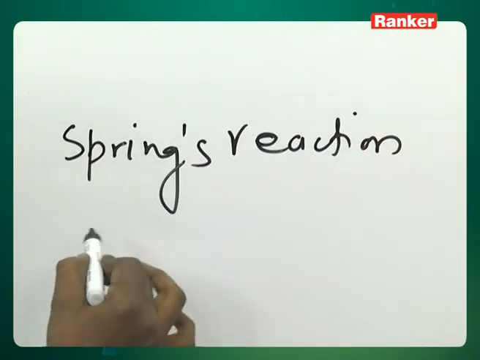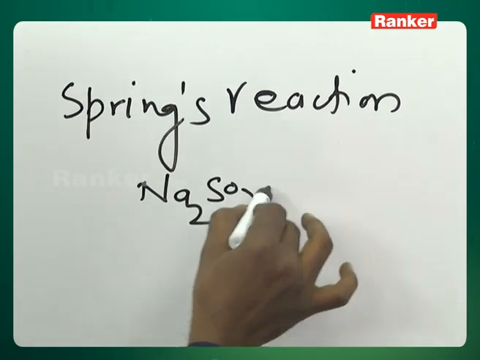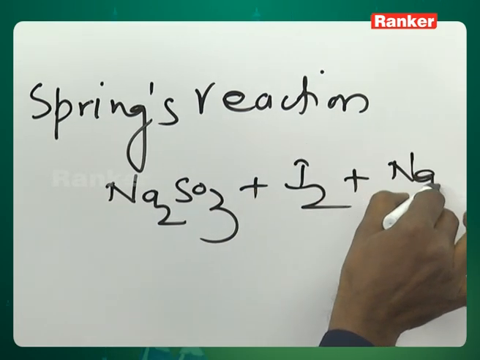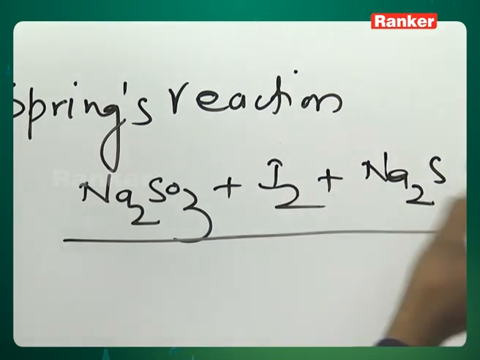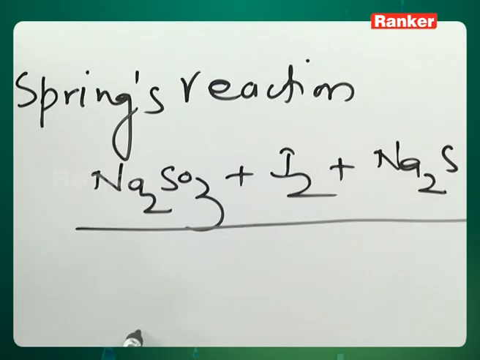What is Spring's reaction? Heating the mixture containing sodium sulfite, iodine and Na2S. On heating this mixture, what do you get? Sodium thiosulfate. How do you get sodium thiosulfate?